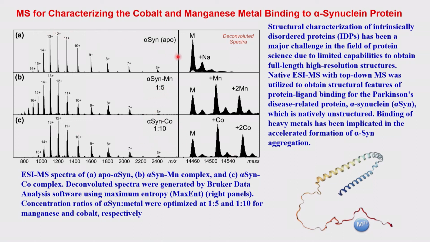So you have this peak with the 6 plus, 7 plus, etc. and 12 plus, 13 plus, here with the manganese, here with the cobalt. Now if you expand, you can find with 1 manganese, 2 manganese, with 1 cobalt, 2 cobalt, you can fully explain these things. So that means the protein as such is also there. The protein with 1 cobalt, this much amount, the protein with 2 cobalt with this much. If you increase the ratio further, you will find probably higher ones.